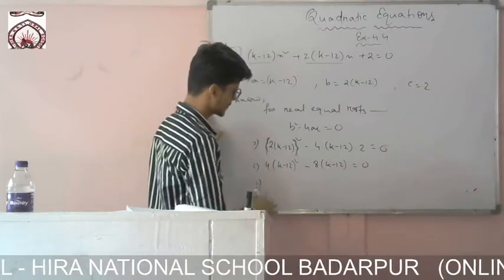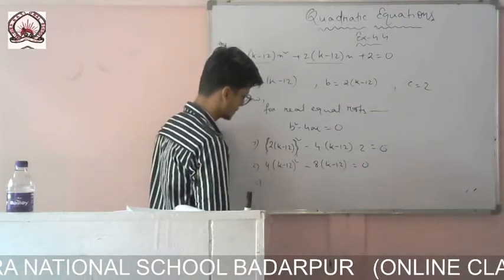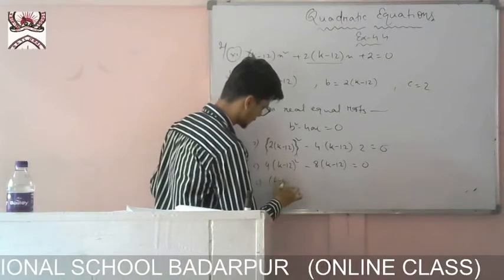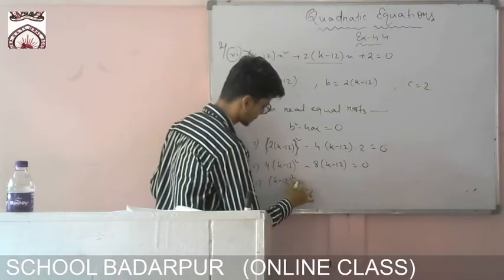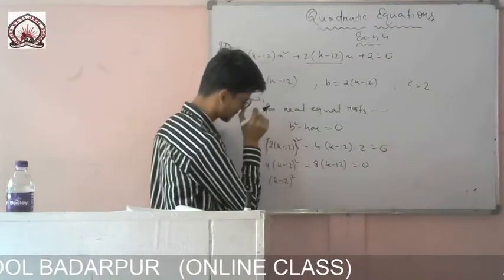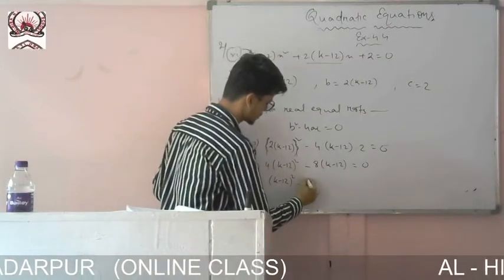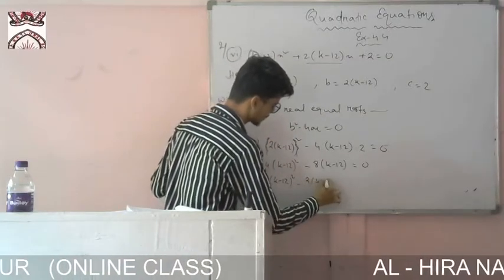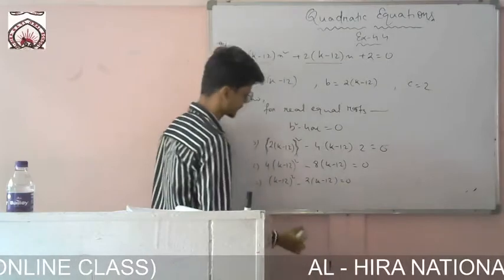You see one thing here, both are multiples of 4. So I can remove, no? (k minus 12) and there it will be 2(k minus 12) equals to 0.